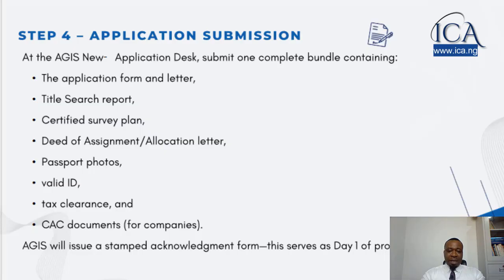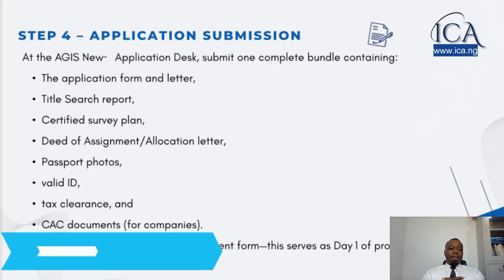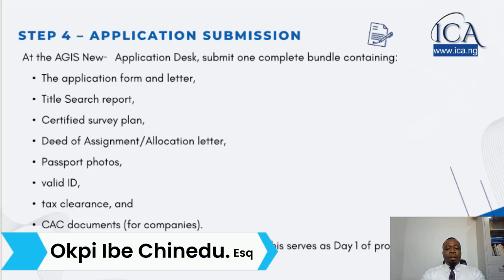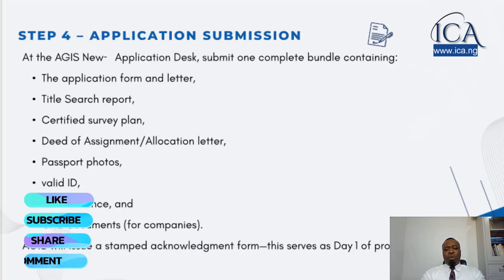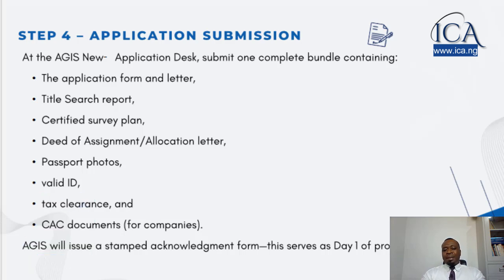Then the deed of assignment or allocation letter showing that you are the bona fide owner of the property must also be attached. Then your passport photos, the valid ID, tax clearance certificate, and if it's a company, the CAC document must all be put in one bundle and then submitted to AGIS. AGIS will issue a stamped acknowledgement letter, and this serves as the proof of your processing.